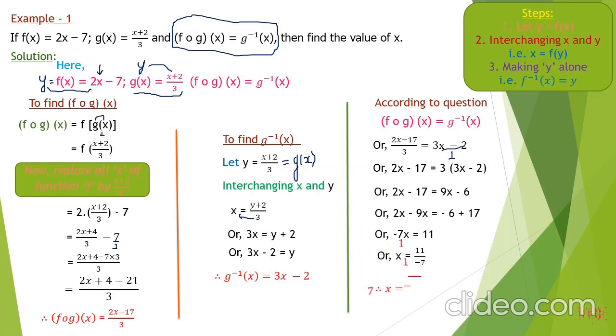Now that's our answer. This question is very easy, we just apply the given condition of the question and do what is necessary. To find the composition of g was necessary, we did it. To find g inverse x was necessary, that also we did, and we just applied the condition.